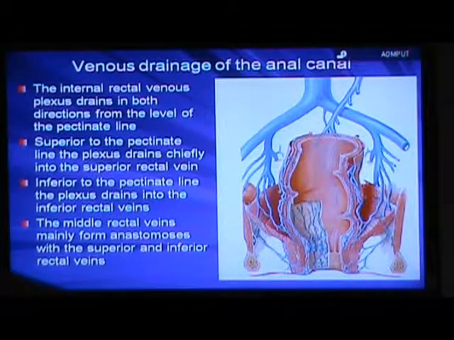Inferiorly to the pectinate line, the plexus drains into the middle or inferior rectal veins, which next drain to the internal iliac vein, next to the common iliac vein, and next to the inferior vena cava, and we remember that it happens on both sides because they are paired.